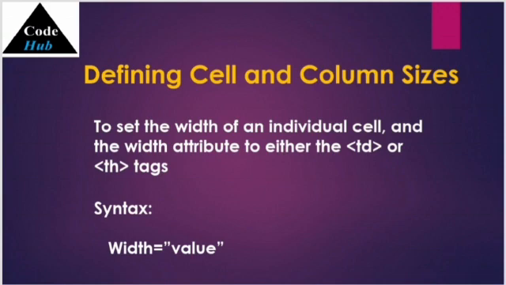The height attribute can also be used in the TD and TH tags to set the height of an individual cell. The height attribute is expressed either in pixels or as a percentage of the height of the table. If you include more text than can be displayed within the specified height value, the cell is extended to display the additional text.